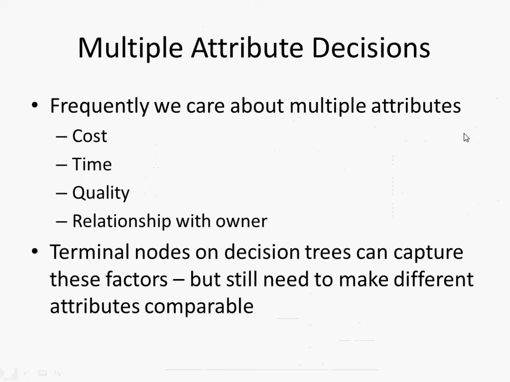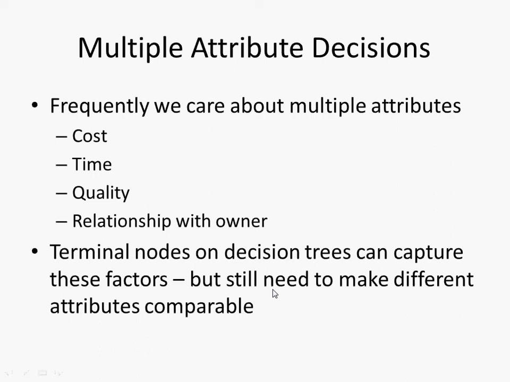And so we may want to think about costs, severe neurological cases, and also the number of severe West Nile fevers could be an issue. We may wish to minimize environmental impacts of our interventions. Terminal nodes and decision nodes can actually capture multiple attributes, and in fact, in TreeAge, for example, you can put in different outcomes for different attributes, and you could have preference functions that balance these in different ways.